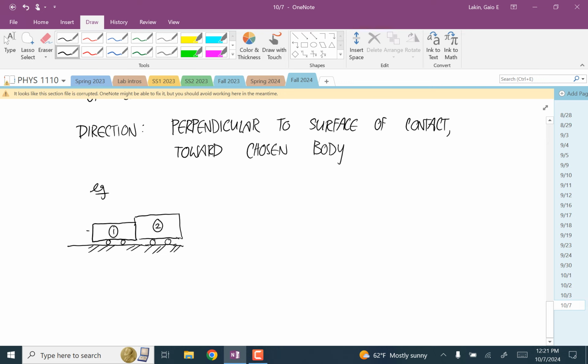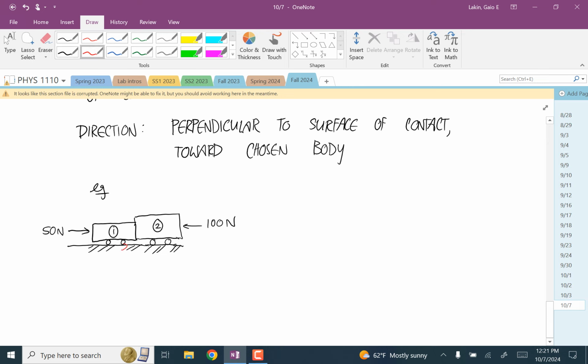And let's say that there's a 50 Newton force pushing this way and a 100 Newton force pushing this way. Where in this picture are contact forces preventing objects from invading each other's space?